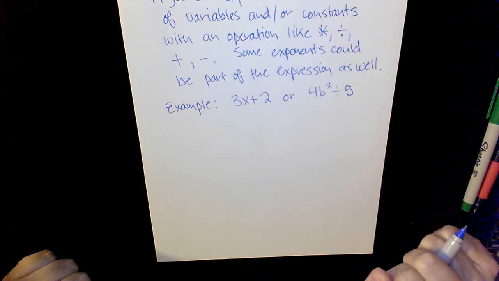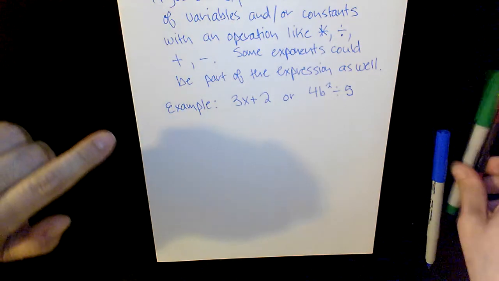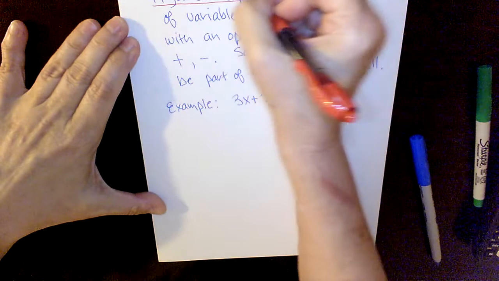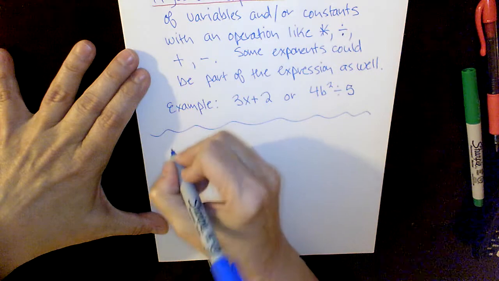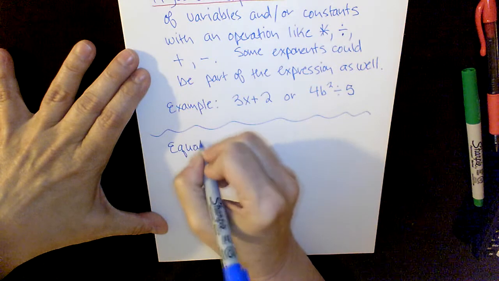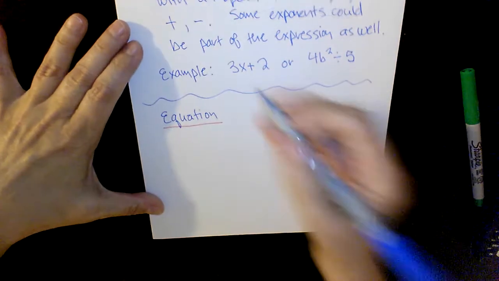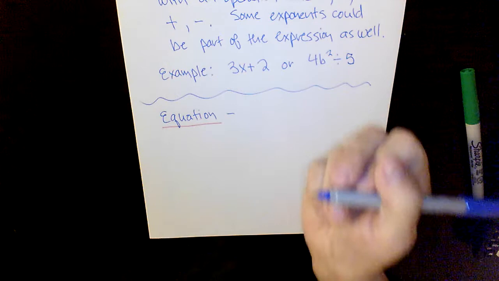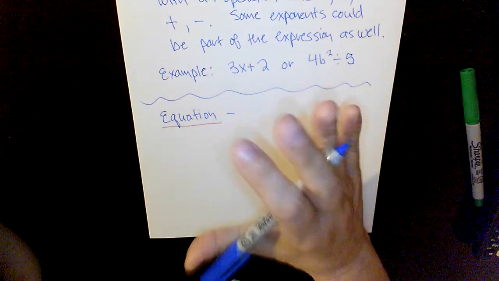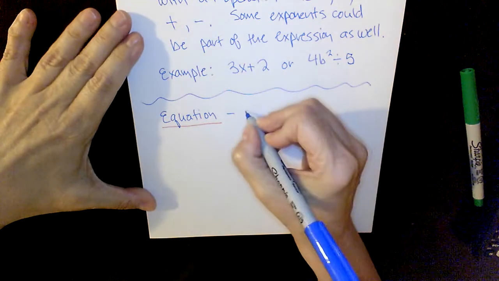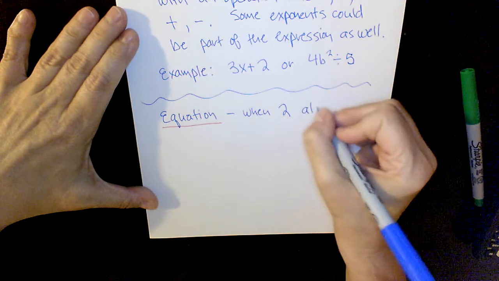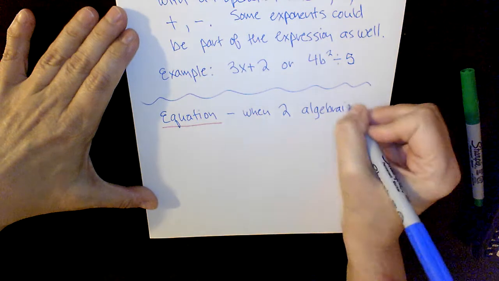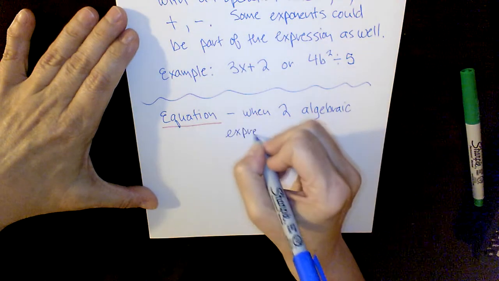So what's the difference between an algebraic expression, let me underline that, and an equation? Do we know what an equation is? Let me underline that. So I think equation, equal. So an equation is when two of these algebraic expressions are equal.